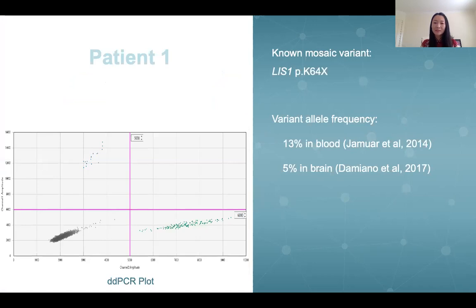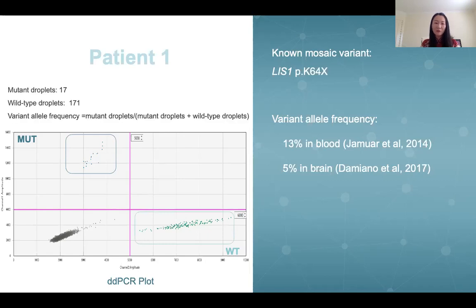We tested the CSF using ddPCR, and the blue droplets are the ones positive for the mutant allele, and the green droplets are positive for the wild-type allele. Variant allele frequency was calculated using mutant droplets divided by total droplets. In this patient's CSF, we found this LIS1 variant at 9.4% variant allele frequency.